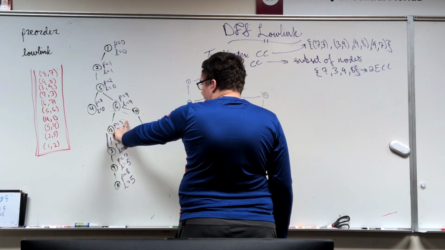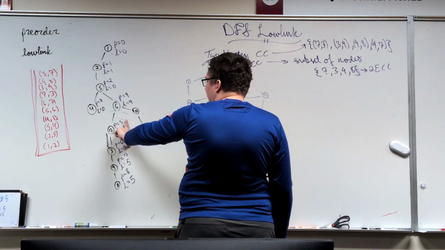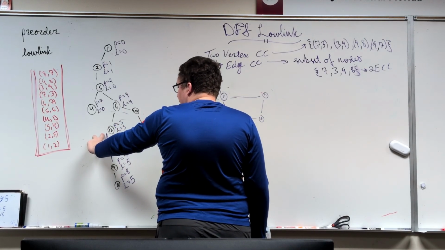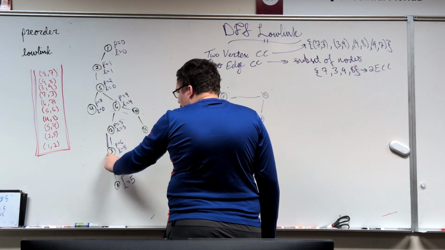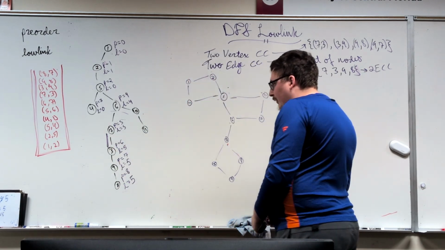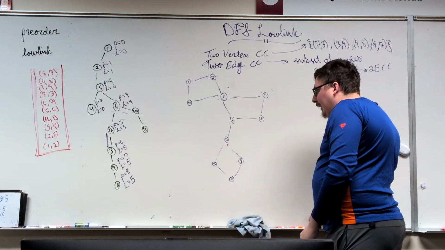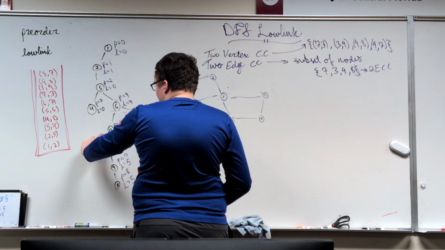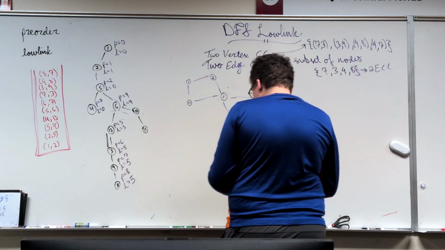When we reach this case, we are now going to say that this edge must be a part of a 2 connecting component, because every node below us can reach up to 7. So we say that this edge starts our new 2 VCC.